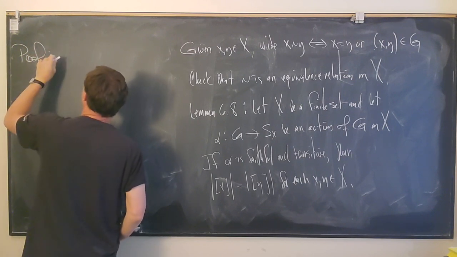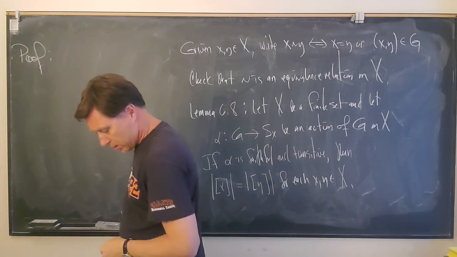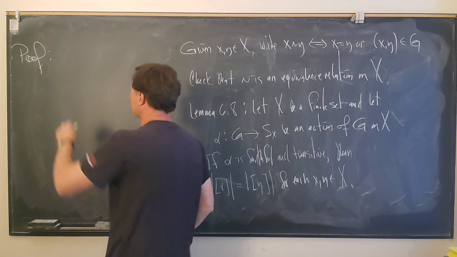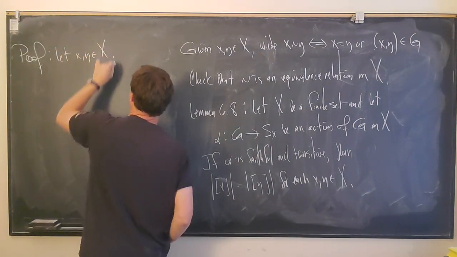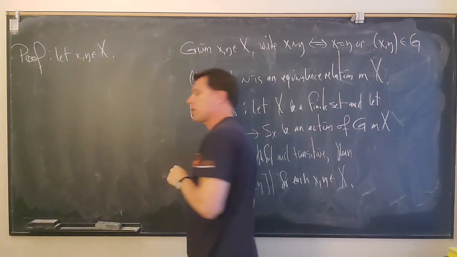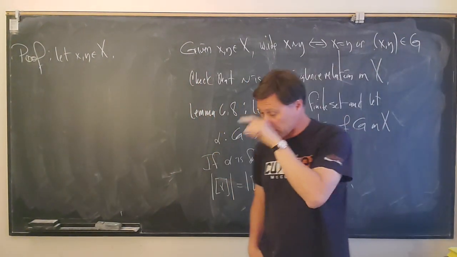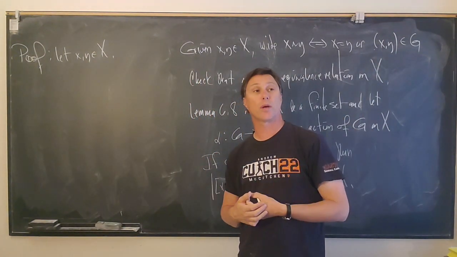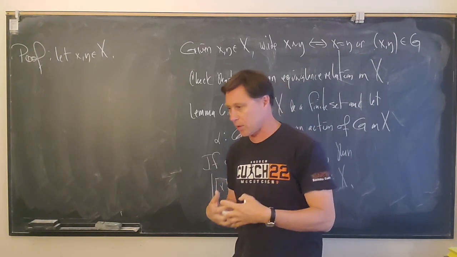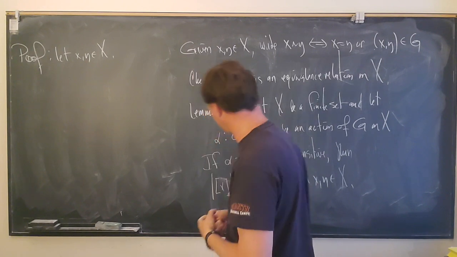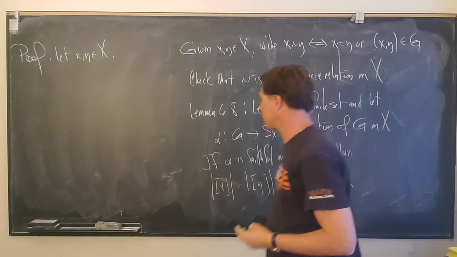So for the proof, let's pick our two elements. Let x and y be in capital X. Now, one thing that you probably remember about equivalence classes is they're either equal or they're disjoint. If they're equal, of course they have the same cardinality because it's the same set, so we may assume that they're actually disjoint.